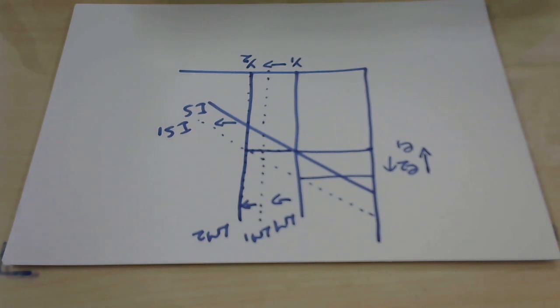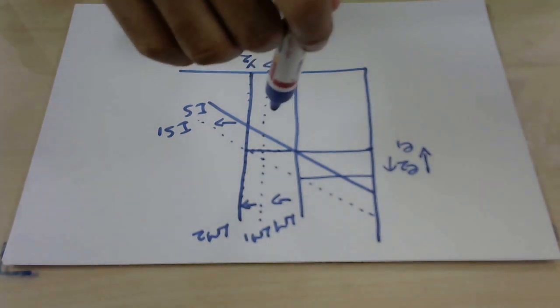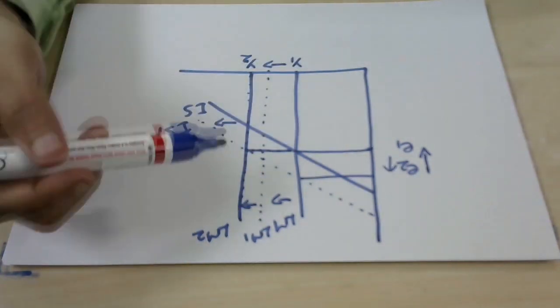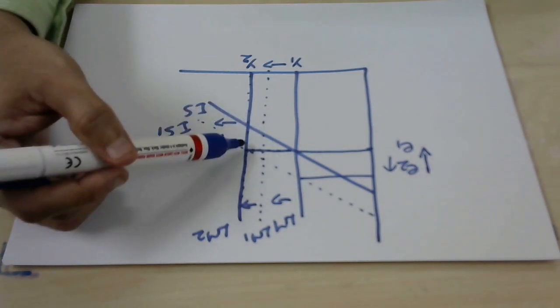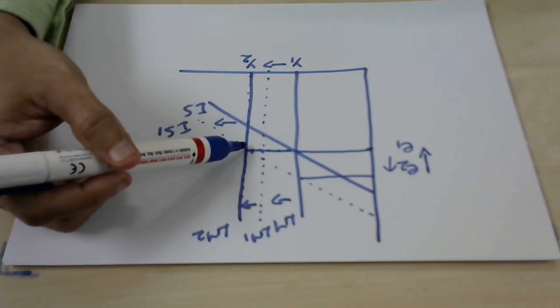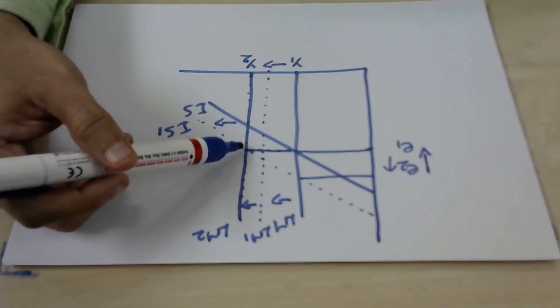Now as RBI is giving money in exchange of dollars, the money supply in the economy increases, and the money supply will increase till the LM curve shifts to LM2, so that you are back to the pre-decided exchange rate, and only at the pre-decided exchange rate there is no further scope for arbitrage.